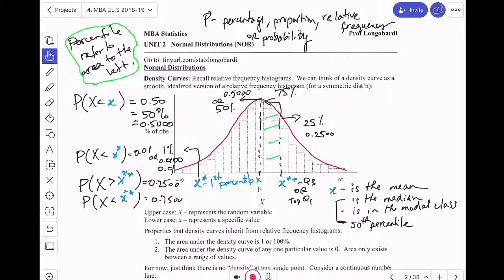Okay, so I can put this up here so you can see this is 75, all of this is 75, all of this is 50, so in between here must be 25, right? So let's write that up.